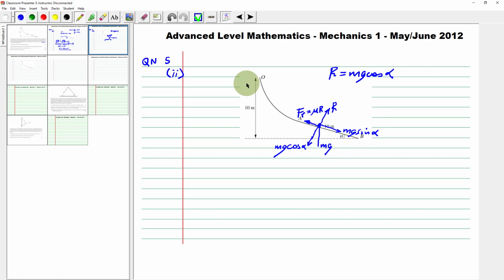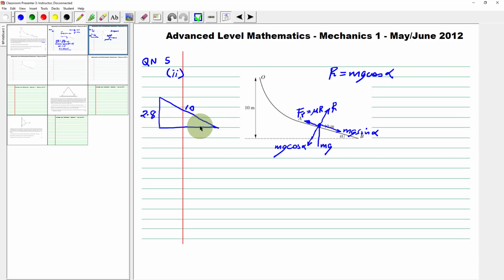Now, we know sine alpha, so let me draw a triangle here in order to get the expression for cos alpha. We know that this is 2.8. This is 10.